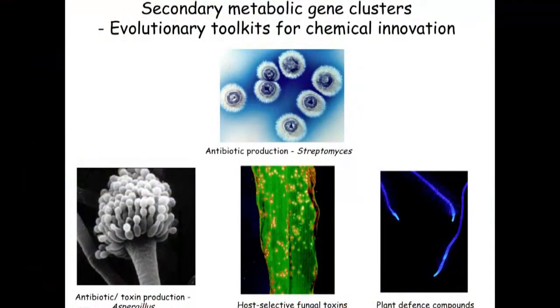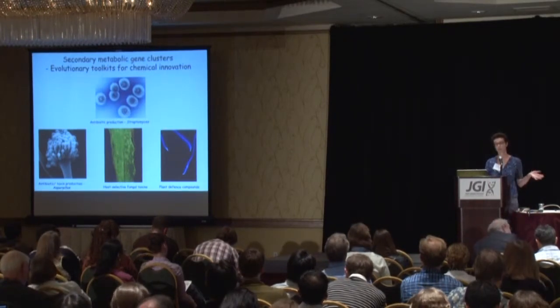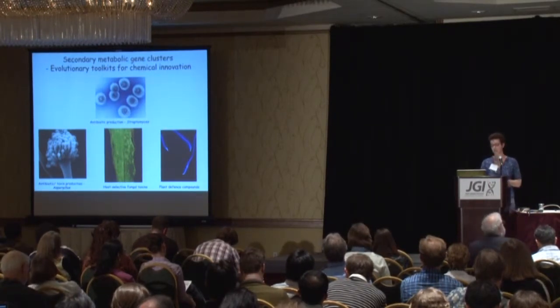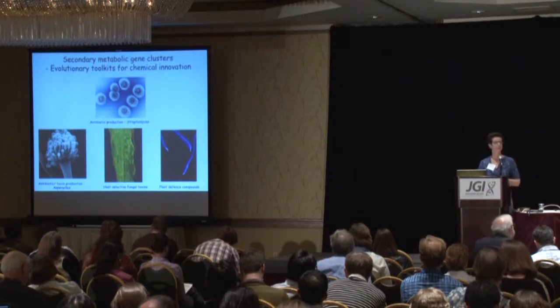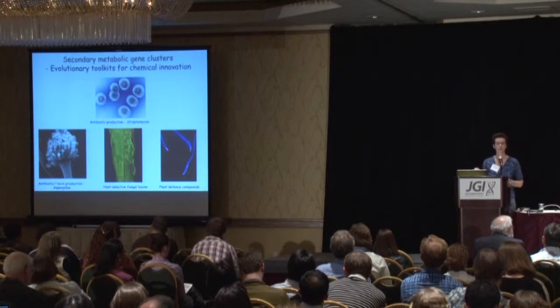Coming back to my starting point, we know that metabolic clusters are not particular to plants. I mean, you've heard about some beautiful examples from Michael. I've worked on fungi for years. The fungal genomes, which of course are eukaryotic, are riddled with gene clusters for specialized metabolism. And in Streptomyces, those clusters are not single operons, they are clusters of genes and operons.